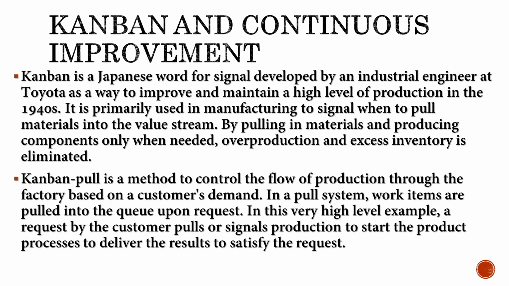Kanban pull is a method to control the flow of production through the factory based on customer demand in a pull system. Work items are pulled into the queue upon request. This is a very high level example. A request by the customer pulls or signals production to start, and the process delivers the result to satisfy the request.